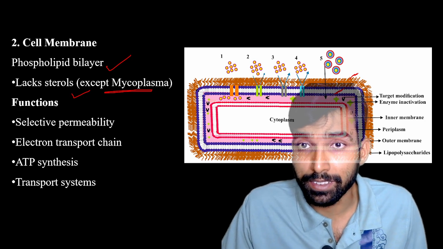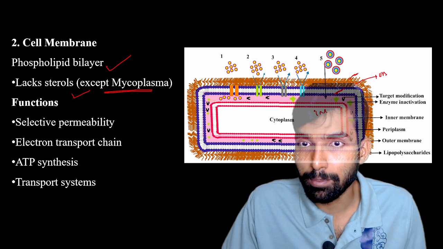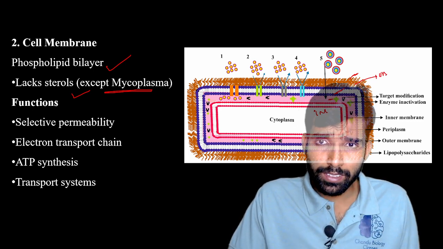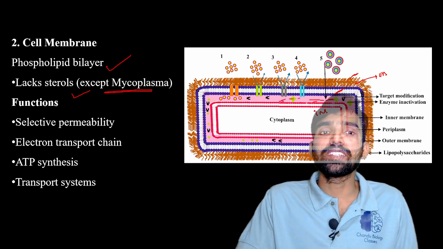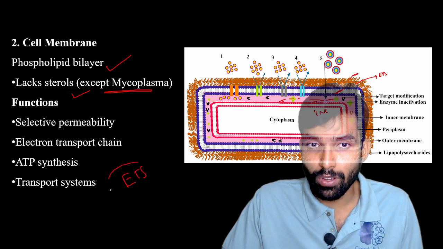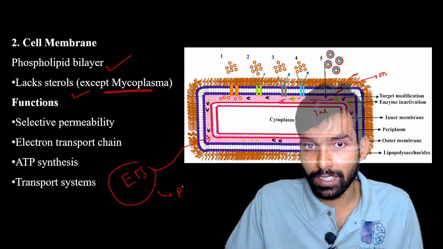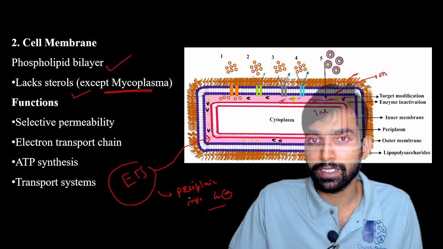This is a gram negative bacteria because it has two membranes: the inner membrane, the outer membrane, and the periplasmic space. What's the role of the periplasmic space? ATP synthesis, like the electron transport system, occurs in this particular space. Write down periplasmic space of gram negative bacteria.